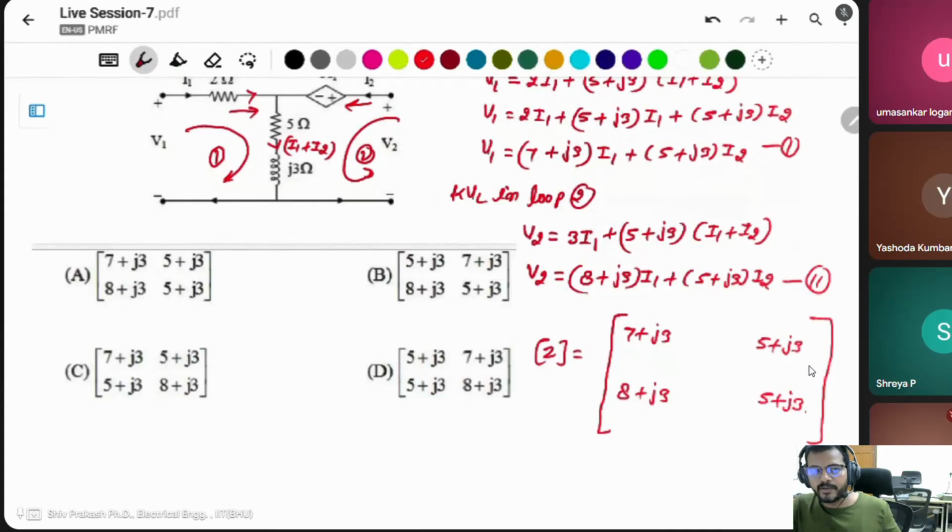Okay, simply apply KVL and find the equations. Then after that you will get the parameters. I think this is the correct option.